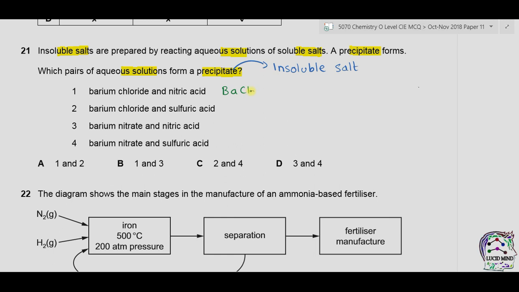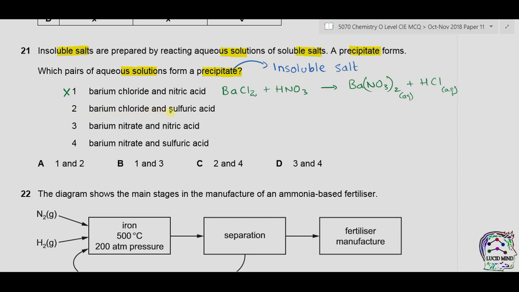So we have BaCl2 with nitric acid, which is HNO3. So it will form barium nitrate along with HCl. Now barium nitrate is a soluble salt because all nitrates are soluble. HCl is also soluble, so no precipitation reaction occurs.